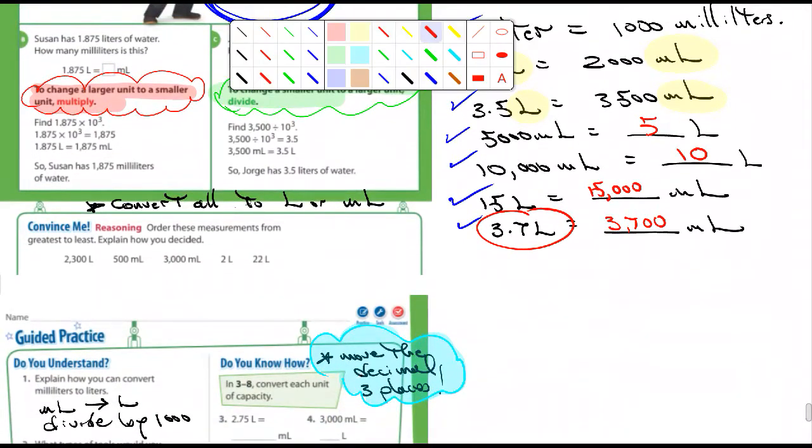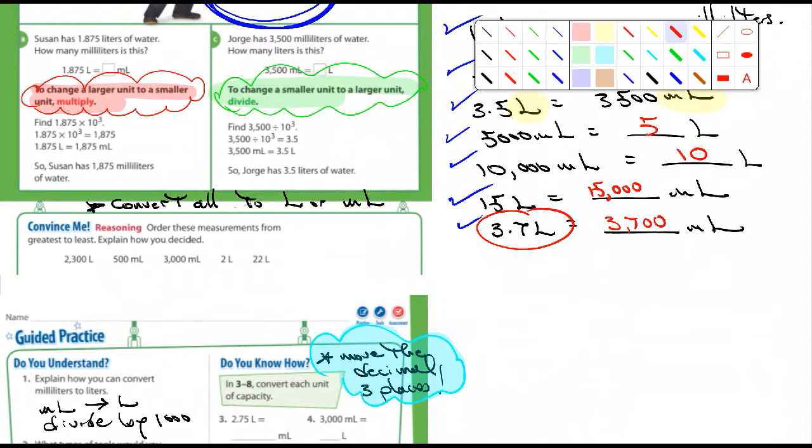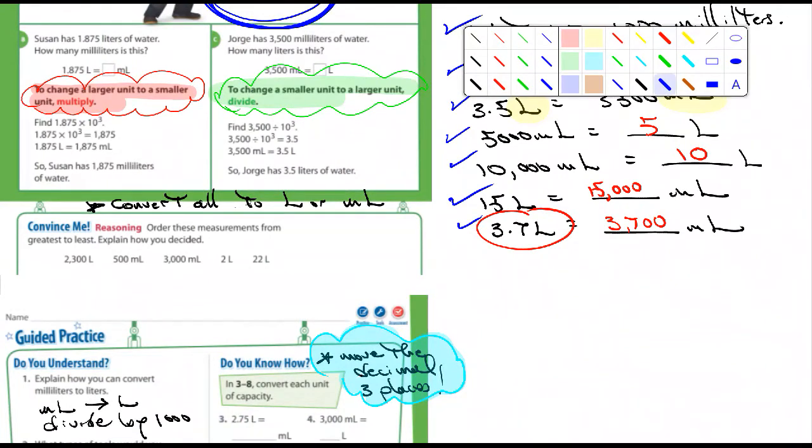All right, sometimes they might give you something that says, order these measurements from least to greatest. So least would be the smallest. Now, notice that this is liters, this is liters, this is liters, and these two are milliliters.